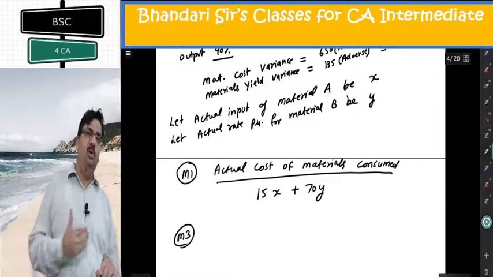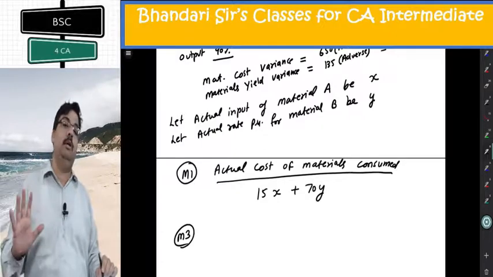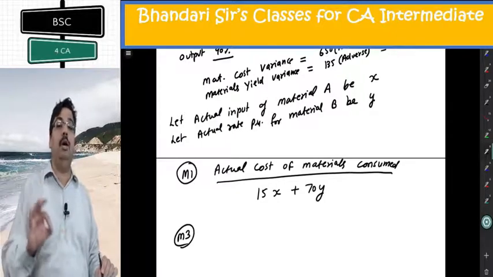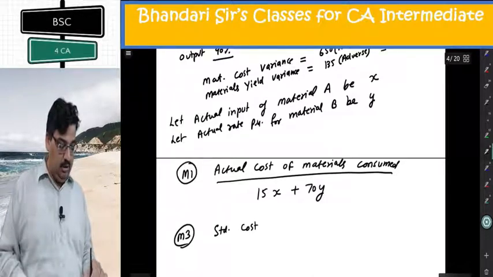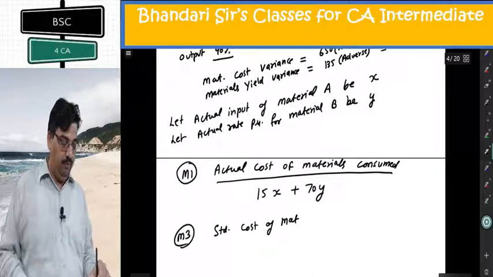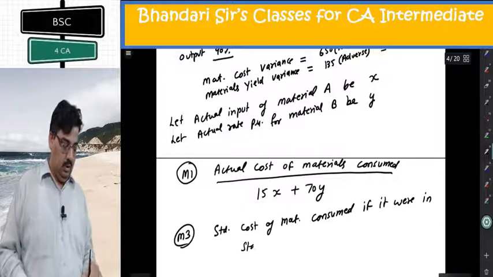M3, M2 I don't need because no variance is given related to M2. Later on I will compute everything. At the moment I am focusing on X and Y. Standard cost of material consumed if it were in standard proportion.